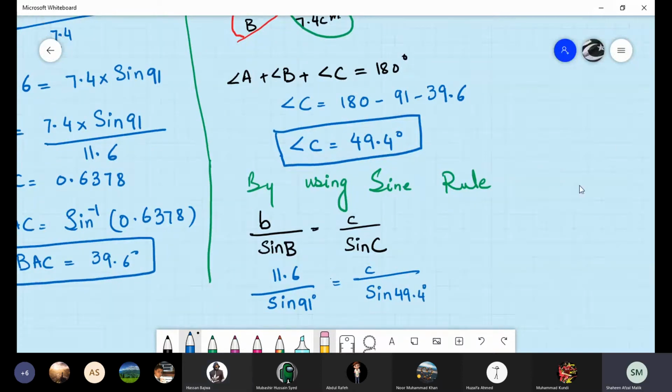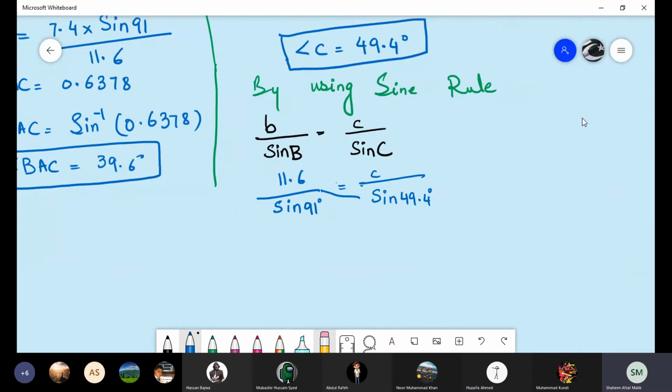Okay, so do the cross multiplication and solve it. We will write it as C multiplied by sine 91 is equal to 11.6 multiplied by sine 49.4.